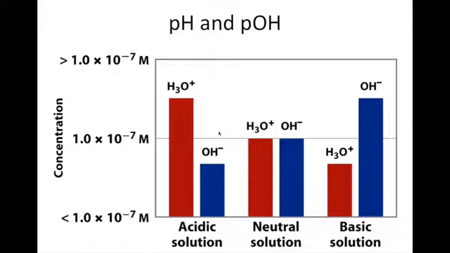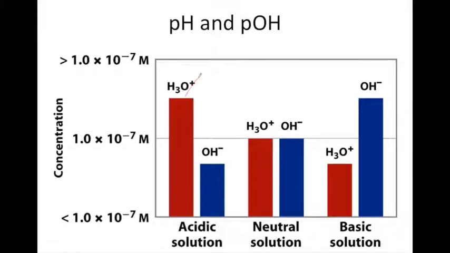So what this basically gives us is the relationship between hydroxide and hydronium in a solution. Let's look at this one in the middle. In a neutral solution, a pH of 7, the hydronium and hydroxide concentrations are the same. If you add an acid to water, what happens to the hydronium ion concentration?